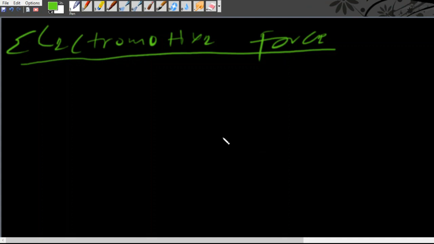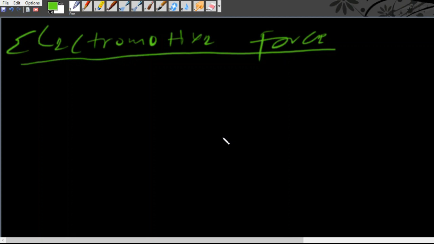So the electromotive force, let us look at the definition. This is defined as the total work done by a source of electricity in driving 1 coulomb of electricity through the circuit. You need to differentiate between the electromotive force and the potential difference. Potential difference, we said, was the work done in moving 1 coulomb of electricity between 2 points.